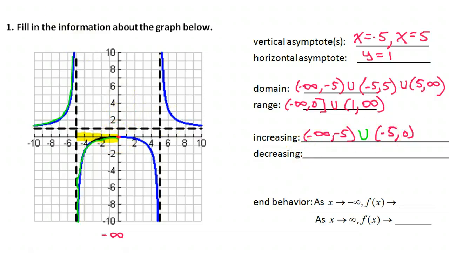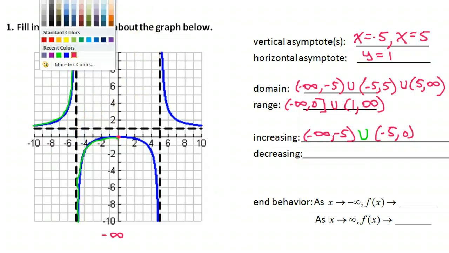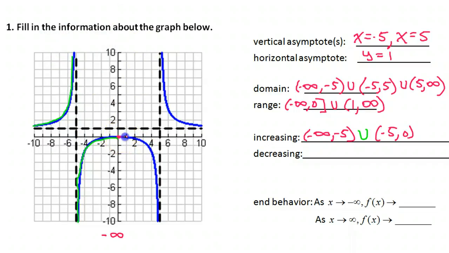Now, after that, it starts to become decreasing, because it begins to go downhill, downhill, downhill for this part of the graph. So this is decreasing from 0 to 5. So 0 to 5 is a decreasing interval. And again, we're just looking at the x values. Look at the x-axis.